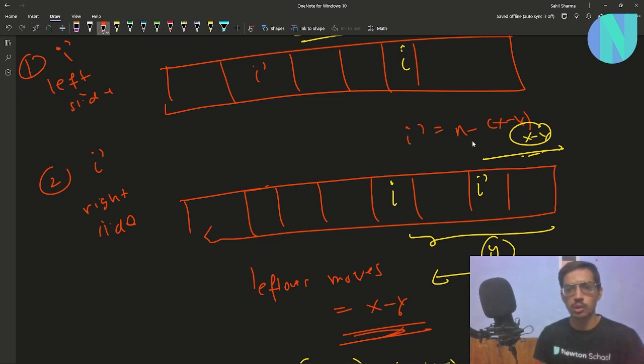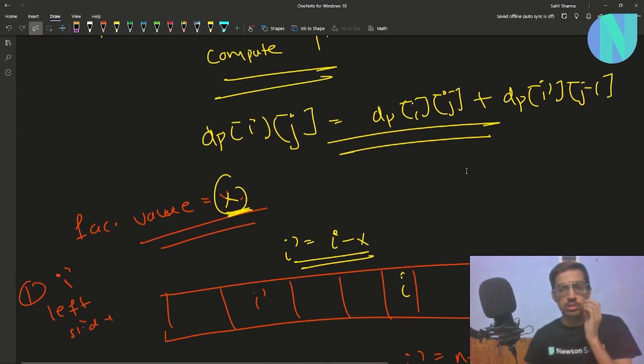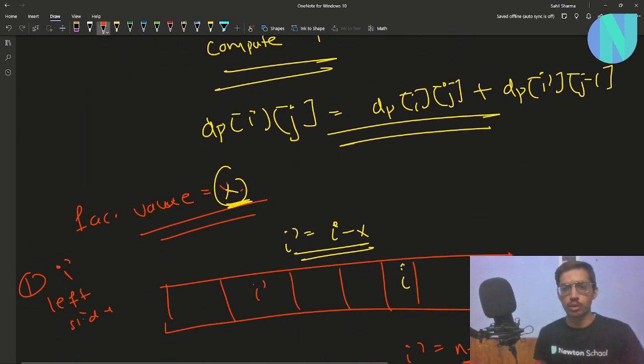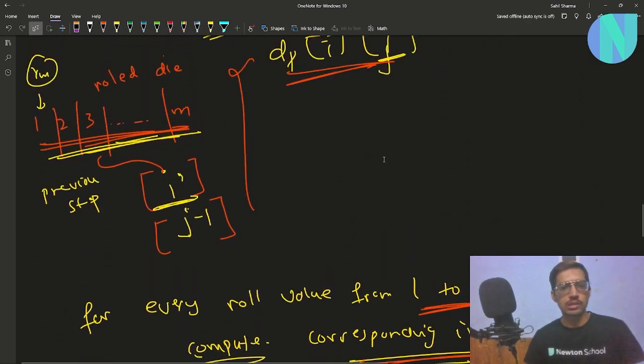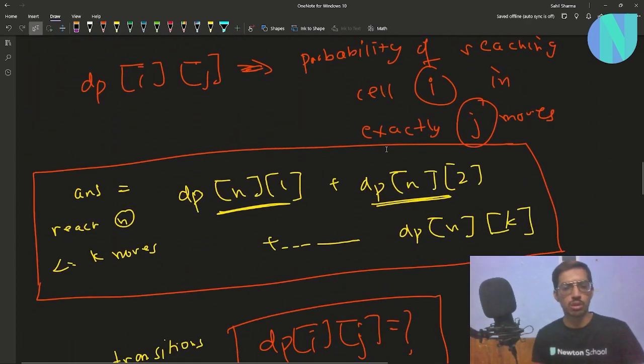Your I dash will be equal to n minus x minus y, where x minus y is the number of leftover moves. And using this, you can find I dash, and then you can just put I dash here, and you already know the value of dp I dash j minus 1, and you can use that to compute dp of ij. And in the end, your answer will be how much? Your answer will be just sum of dp n1, dp n2 up to dp nk.